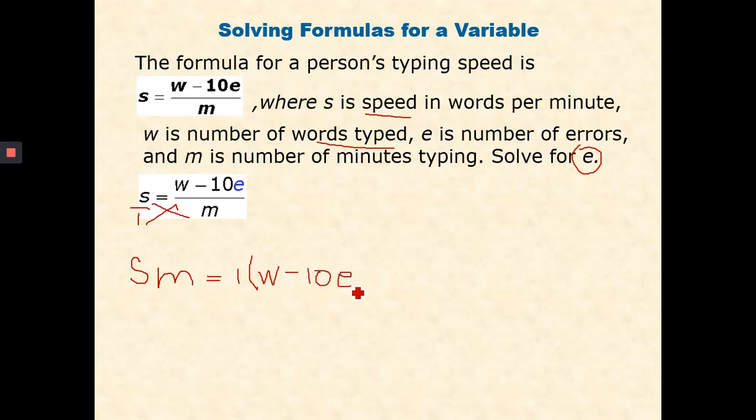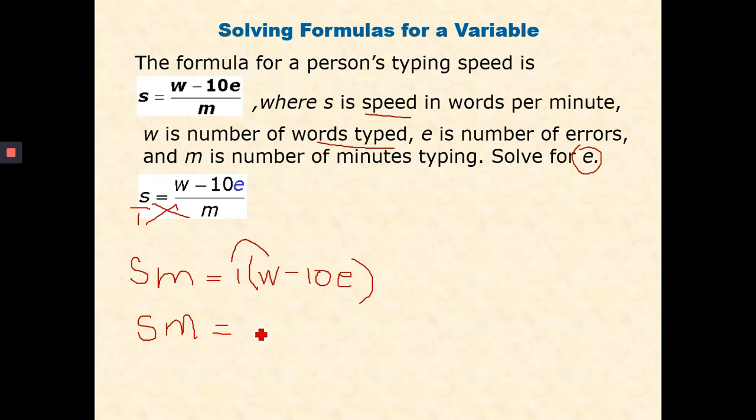Okay? Can you follow? So you now have SM is equal to, the operation between 1 and this whole expression is multiplication. So we're just going to apply the distributive property.